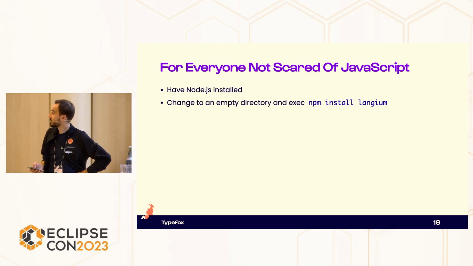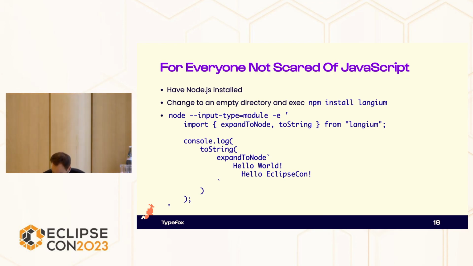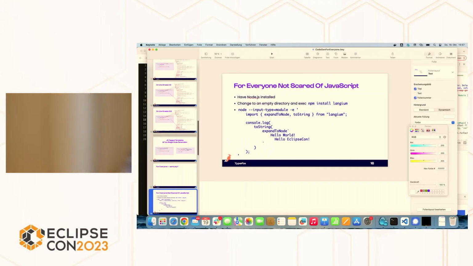But those that are not can just install Node.js, execute npm install Langium, because this is where the implementation of the function is currently located, and start generating.